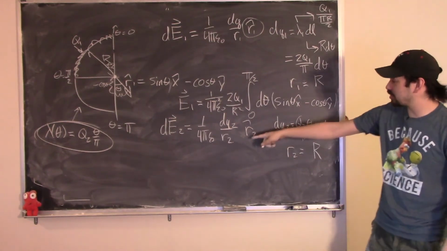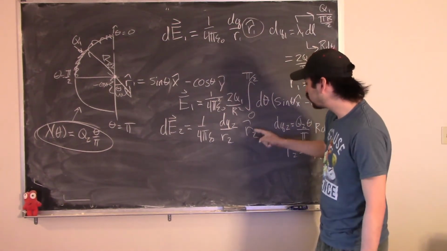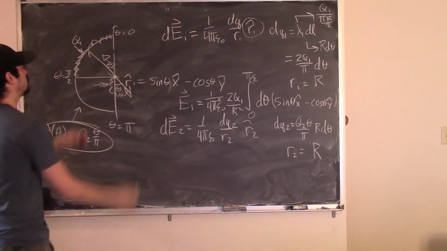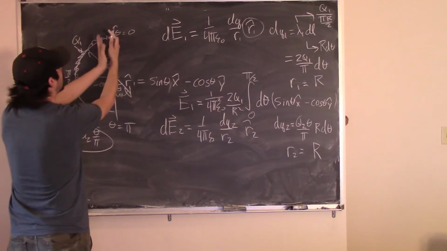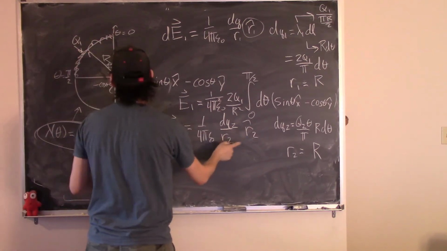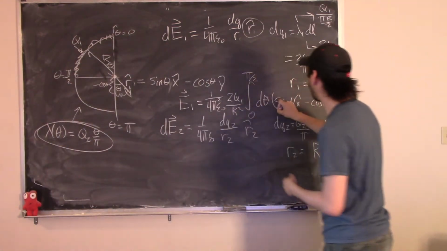Now, here's the tricky part. Defining this R hat 2. Because I'm forced to define my angle relative to the positive y-axis, this R hat 2 is actually the same thing as R hat 1.